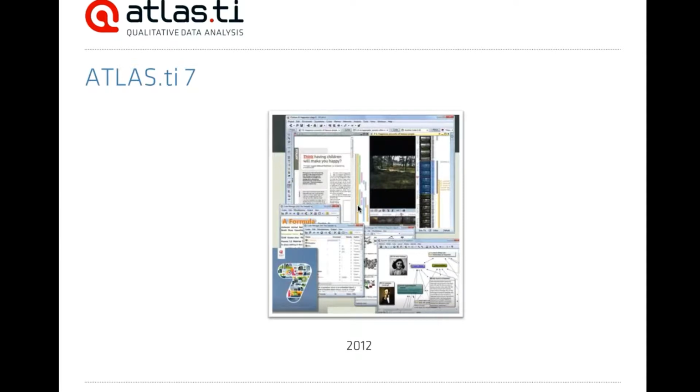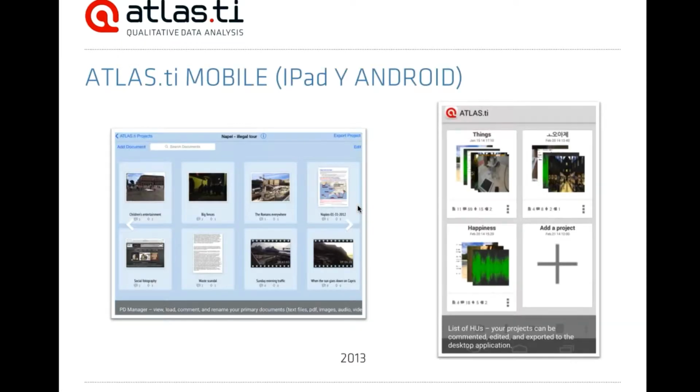After that, the developers of ATLAS.ti worked very hard to make it possible to have ATLAS.ti on our iPad or Android. And it happened in 2013. So those who today have an iPad or Android, you can download totally for free the full version of ATLAS.ti on your iPad or Android. It's extremely useful.